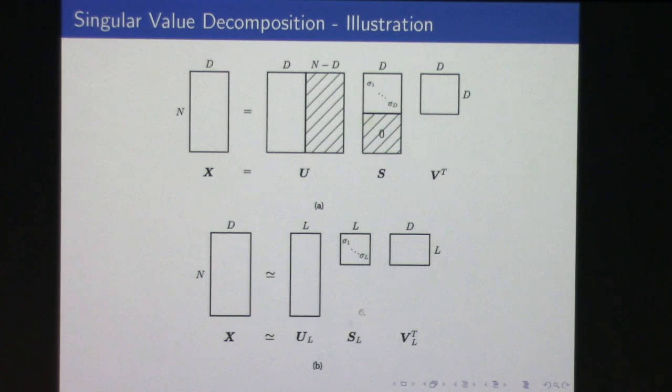So each one of them will give me a smaller matrix: U_L, S_L, and V_L transpose. If I multiply them together, I will get a matrix which will have the same dimensionality as X. That's easy to see because this is going to be n cross L, this is L cross L, and V is going to be d cross L, so V transpose is L cross d. When I multiply n cross L with L cross d, it gives me n cross d.